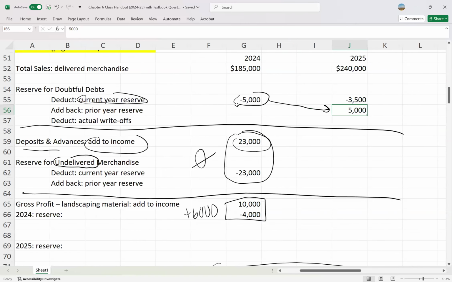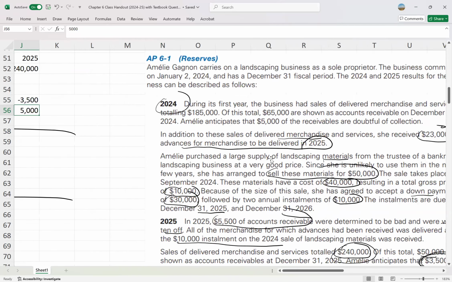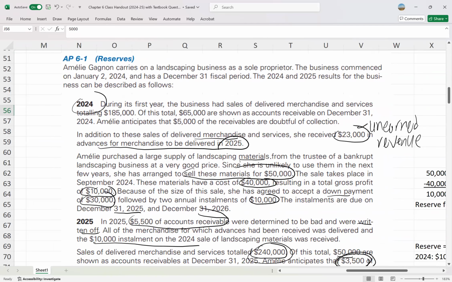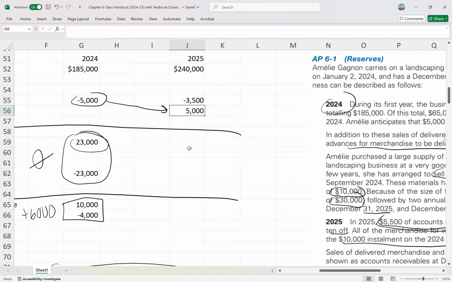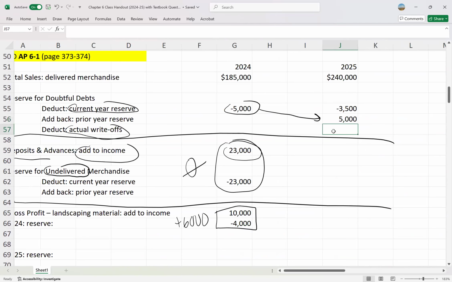But then I also added this line saying that we also get to deduct any actual write-offs. And so if we look at the question, in 2025, she wrote off 5,500 of accounts receivable. So let me just sort of put the 5,500 there, and then we'll sort of explain how this sort of all matches to the accounting amount.